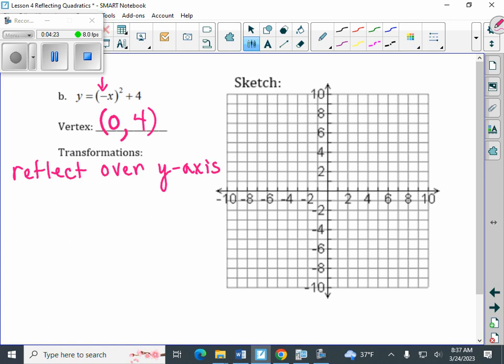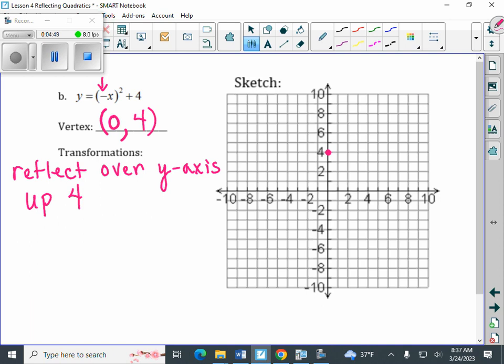Our other transformation is coming from the vertex. We're not going to move our vertex right or left because the x value in our ordered pair is 0. But we are going to move our graph up 4. Over 0, up 4. There's the up 4.